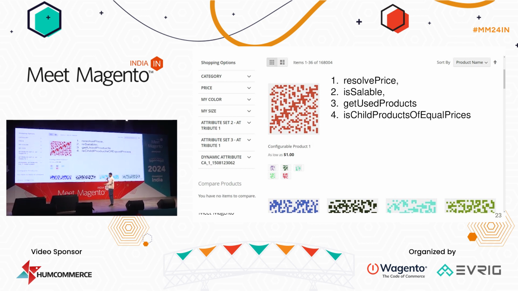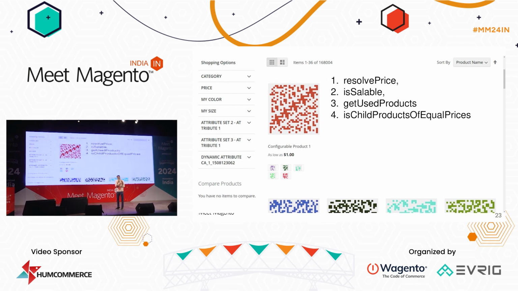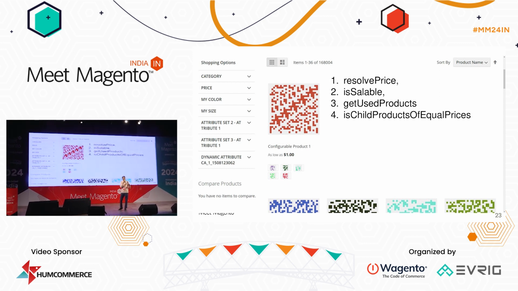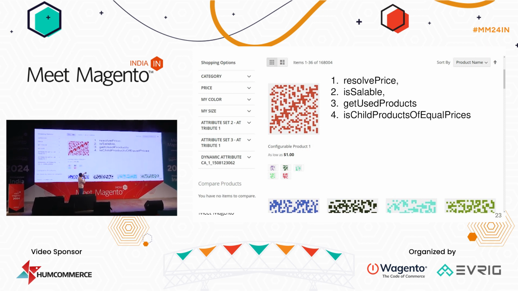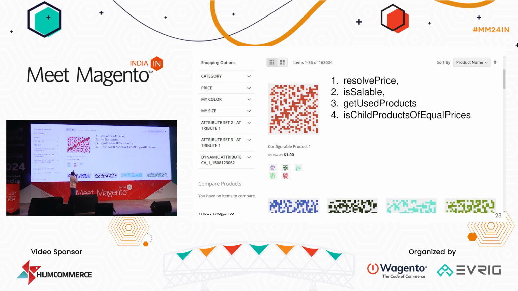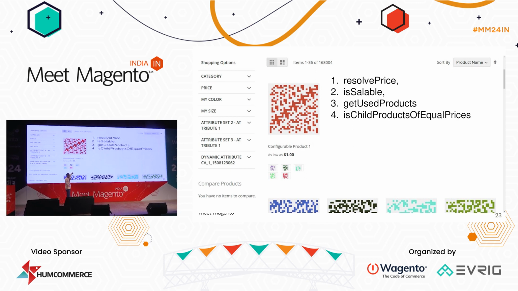Get used products is used to fetch the child products, and every single time, for each card, it will do get used products. Each child product has its own prices, which takes a lot of time, and all this is used for is the "as low as" label, whether to show this label or not.